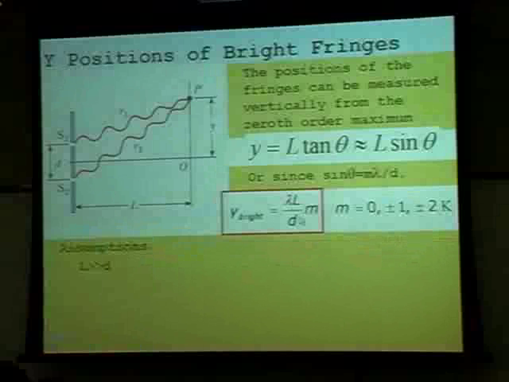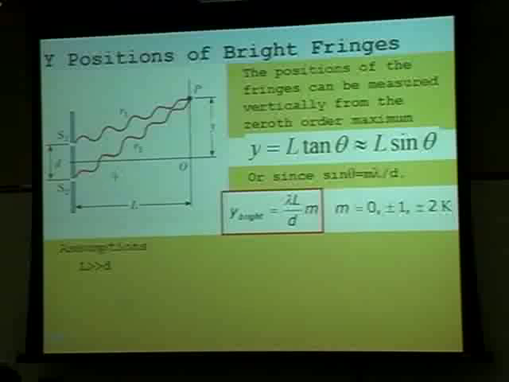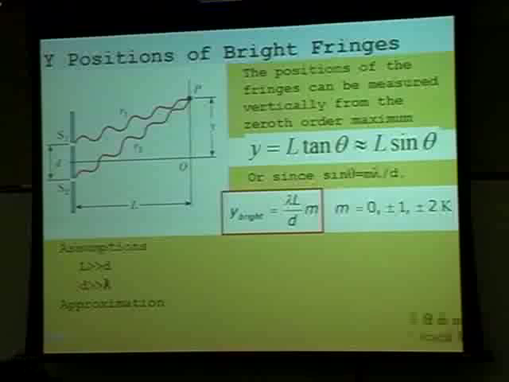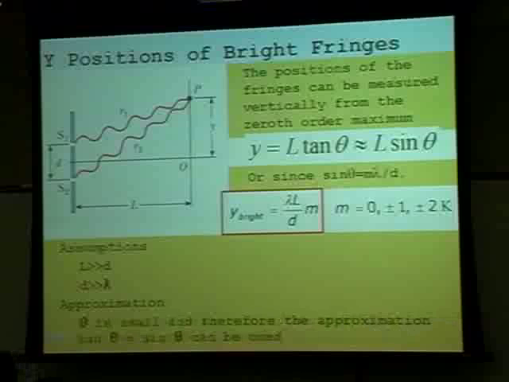Our assumptions here are that L is much greater than the slit distance, which is true, and the distance between the slits is much greater than the wavelength itself, which is a pretty good assumption. And our approximation is that theta is small, and therefore the tangent of theta is approximately equal to the sine of theta, which is also a good assumption.